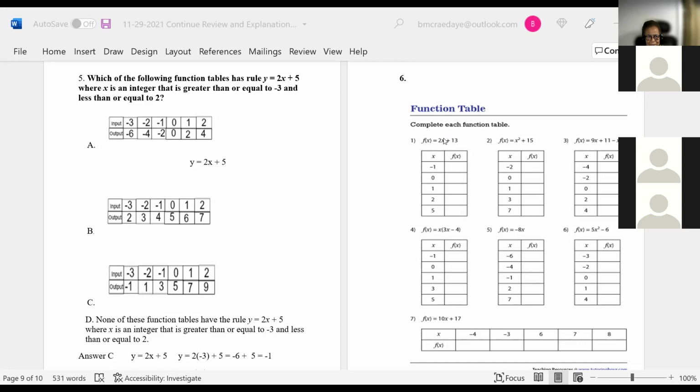Gotta add the 13. That's part of your f of x notation. So 2 times 1 is 2 plus 13. What is that, Audrey? 15. Okay, 13 and 2 is 15. Now, when it's 2, what would f of x be? 4 and 13 would be 17. That's it. What about when it's 5?